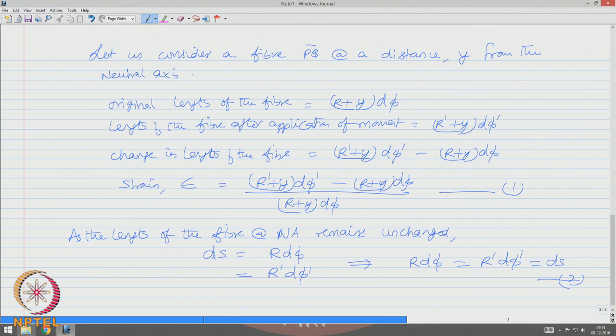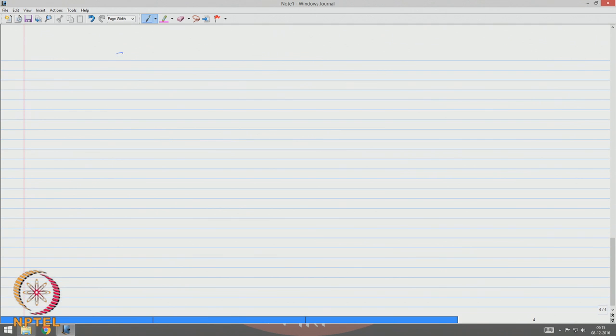Let us substitute equation 2 in 1. We get strain now as y of d phi dash minus d phi by r plus y d phi. This is equation 3.